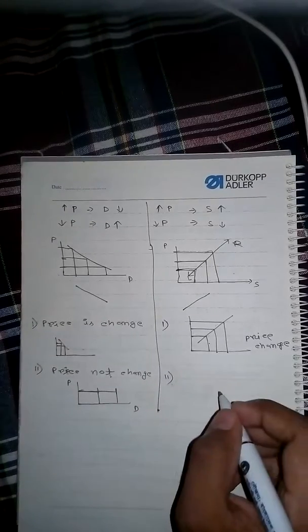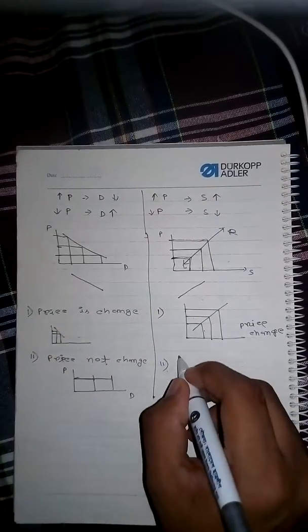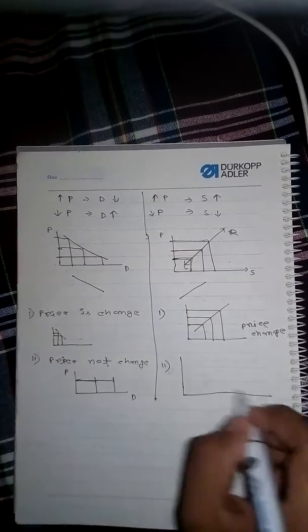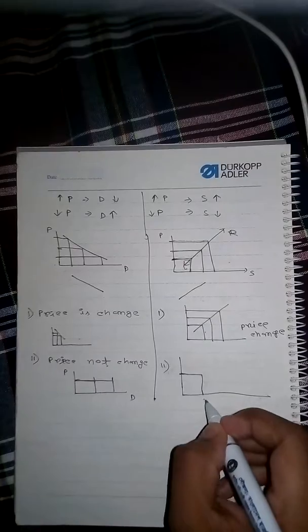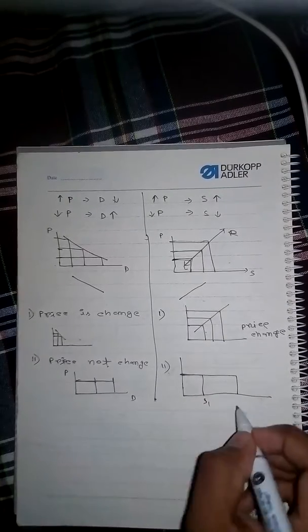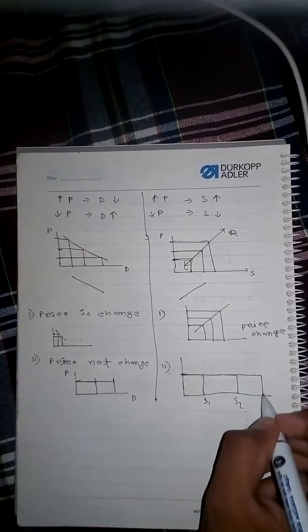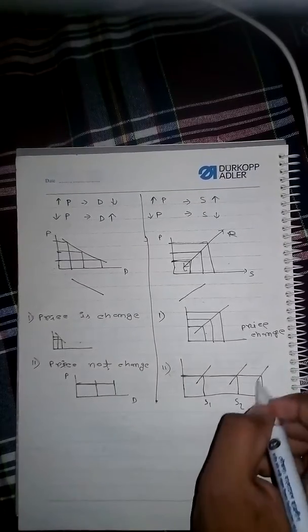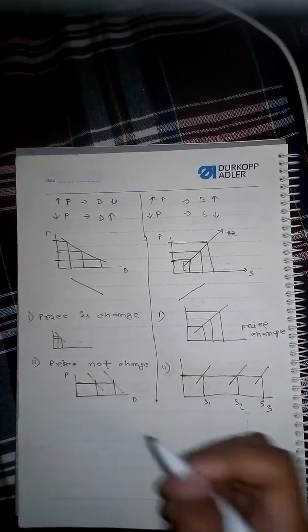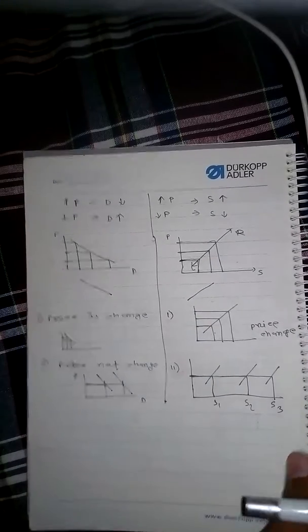And if the price is fixed, then the curve would be like this, the price is always fixed here. This one is supply 1, this one is supply 2, and this one is supply 3. So the graph will be like this one, this one, and this one.